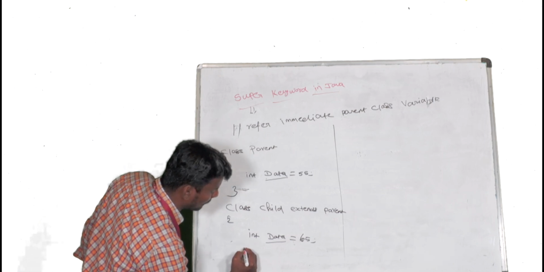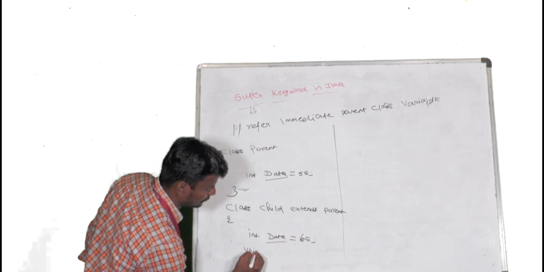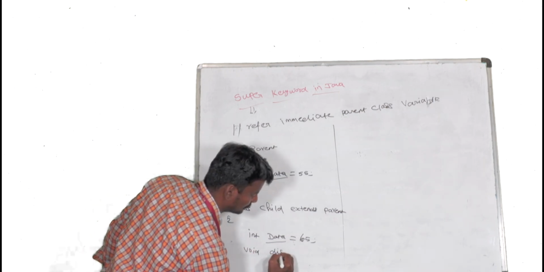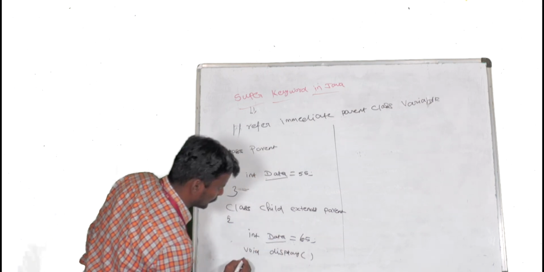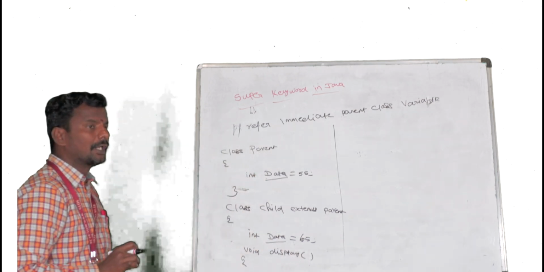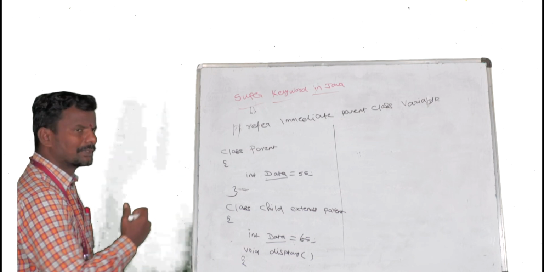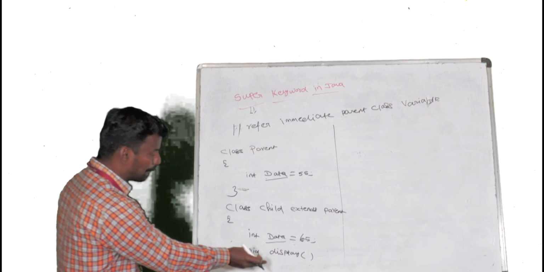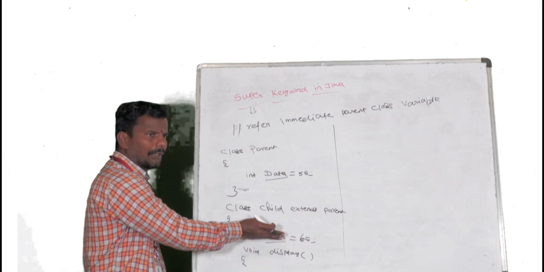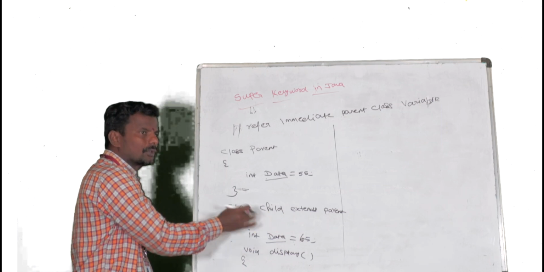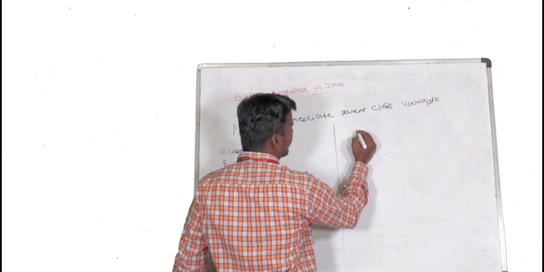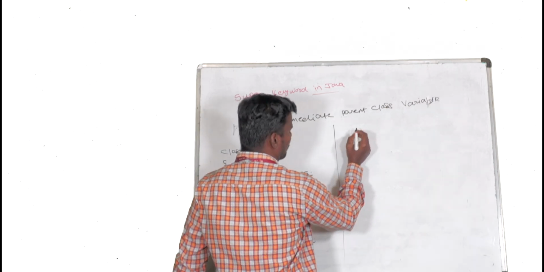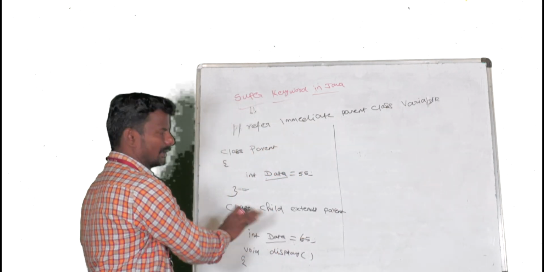Now we have to declare one method, void display. By using this method we print whatever object we have used in our class. So in this method we define this task: I have to print the value of that variable.